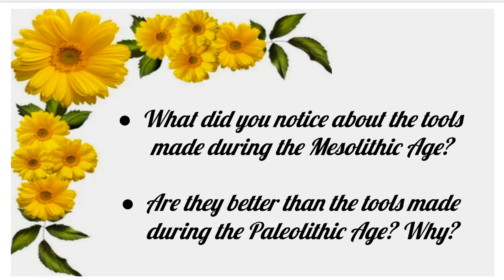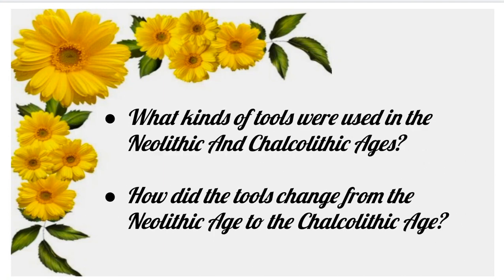Okay, guys. So now answer the next questions. What kinds of tools were used in the Neolithic and Chalcolithic ages? So, during the Neolithic age, stone tools continued to be used, but in the Chalcolithic age, tools were made of copper.